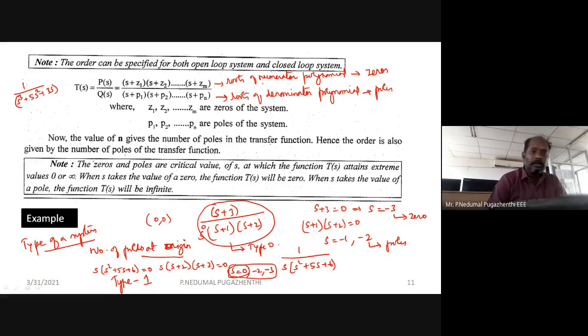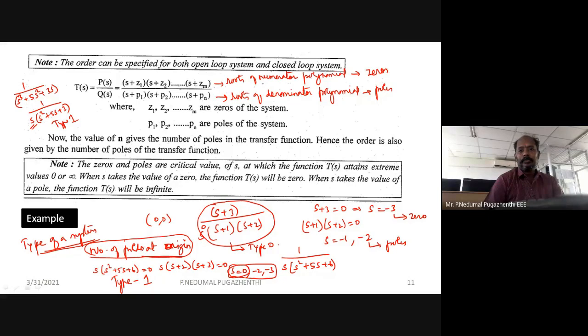Again it is 1, because it is going to be s into s squared plus 5s plus 3. So s is equal to 0 is only 1, so it is type 1. Got the point? The number of poles determines the order, and the number of poles at the origin determines the type of a system.